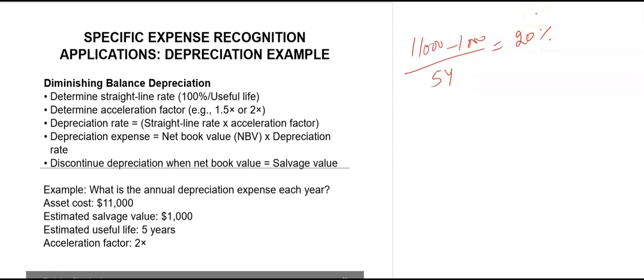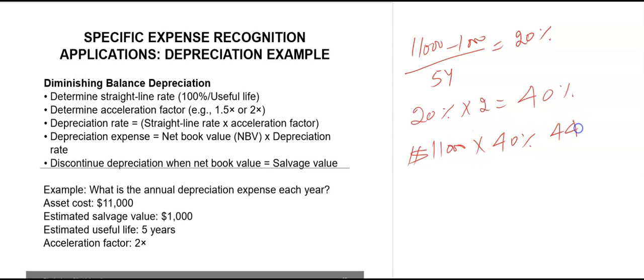Now we are told that the acceleration factor is 2 times of the straight line rate. So the depreciation rate applicable will be 20% multiplied into 2, that is 40% is the accelerated rate that we are going to use. So in the first year, the depreciation will be equal to the 11,000 value of the asset multiplied into 40%, that is $4,400.